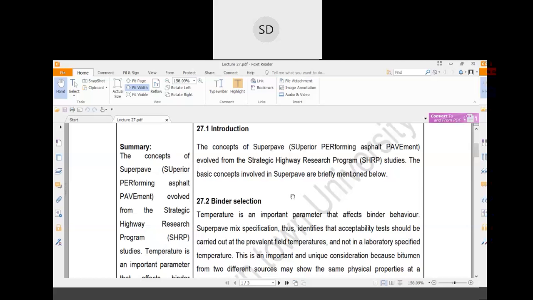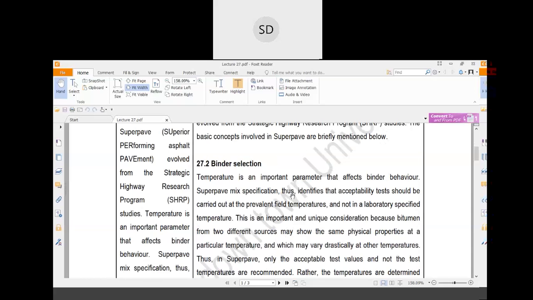So, first one is binder selection. Binder selection is a very important portion for the Superpave. Binder means your asphalt or your bituminous material, that is the binder you require for the asphalt mix or your bituminous mix.